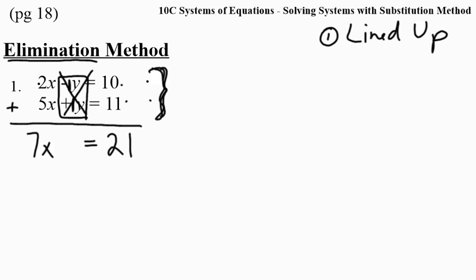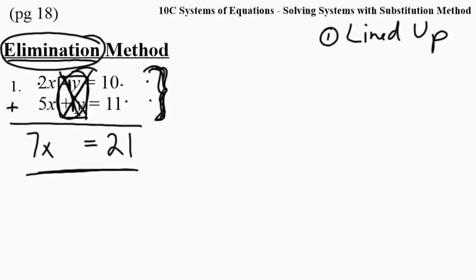They cancel each other out, or eliminate the y values. Therefore, if I combine these two equations, I end up with 7x equal to 21. I've eliminated the y terms, and now I only have x's that I can solve for. Divide both sides by 7, and x works out to be 3.